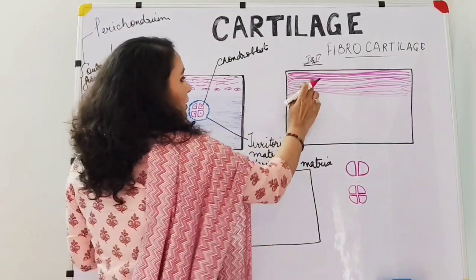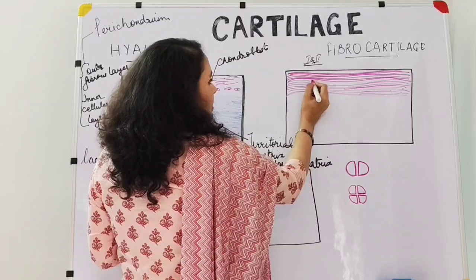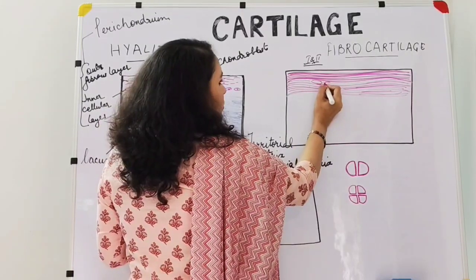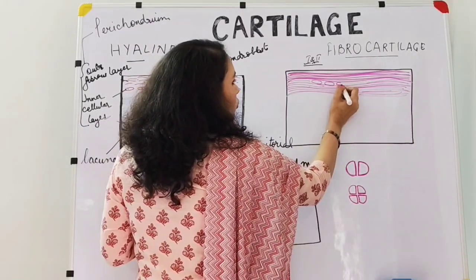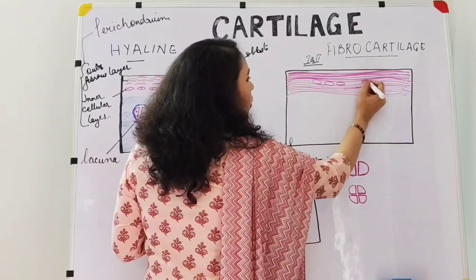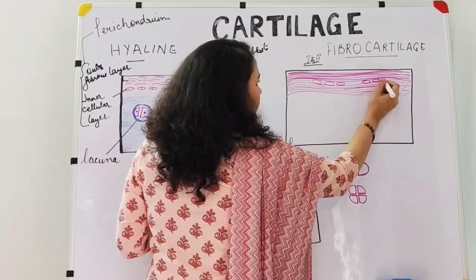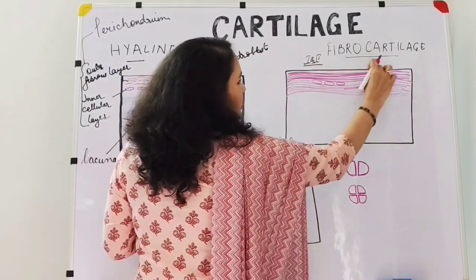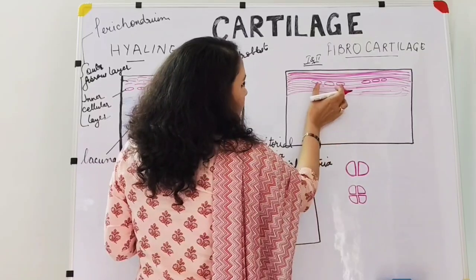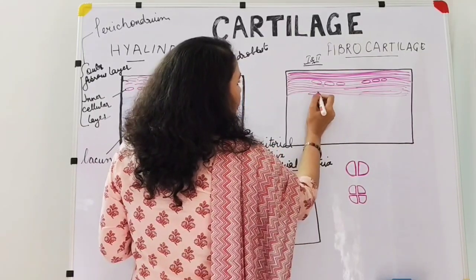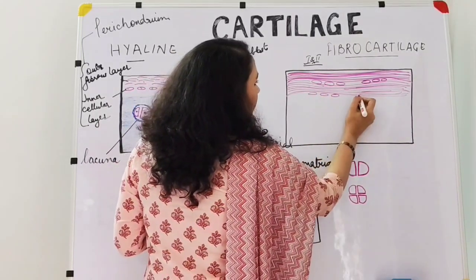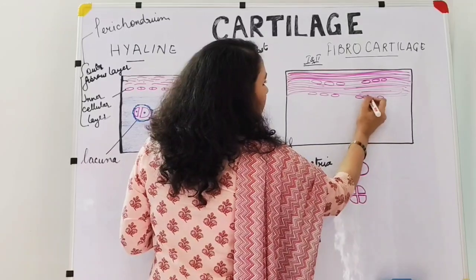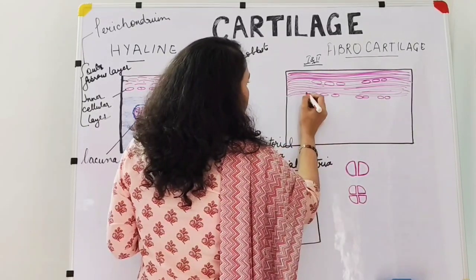And again, in between the bundles, there are spaces in which you have the chondroblast or the chondrocytes arranged in rows. So there is a bundle of fibers, again a space, the chondroblast or chondrocytes placed in lacuna, and again here they are placed in rows.